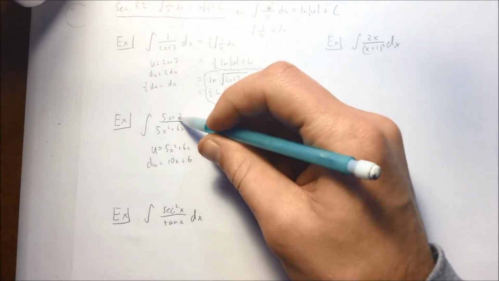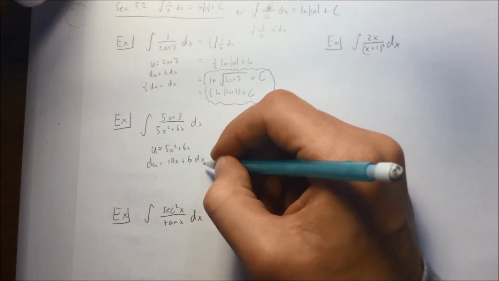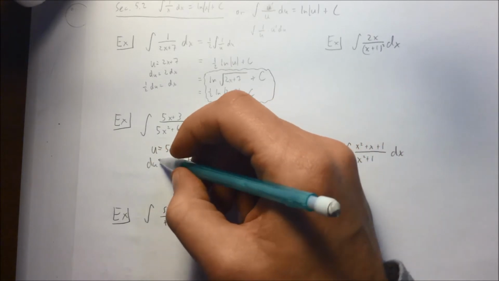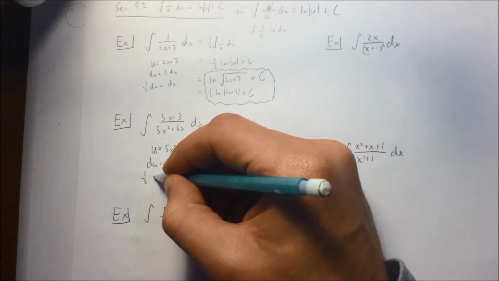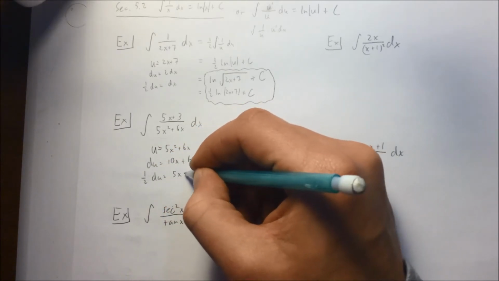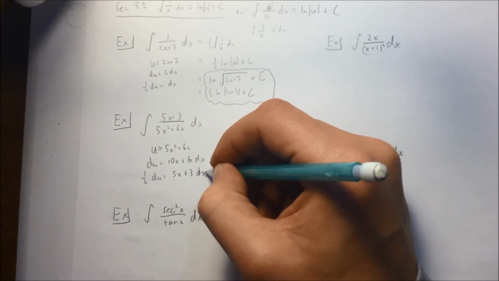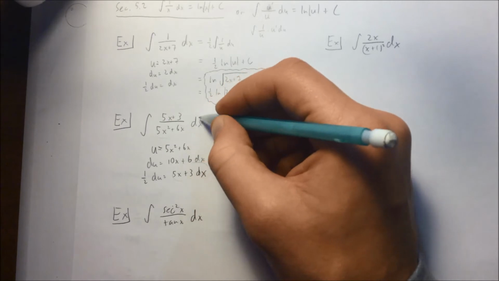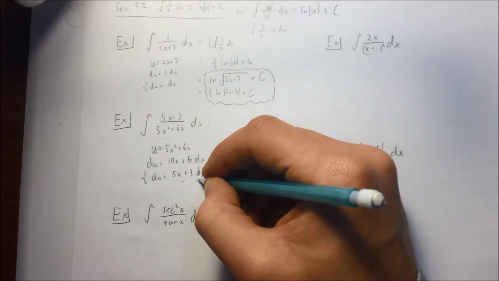Well, that's not what's on top, but what I can actually do is divide both sides by 2, once again getting 1/2 du is equal to half of all this, 5x plus 3 dx. And that right there is what's on top. That's the u prime du.